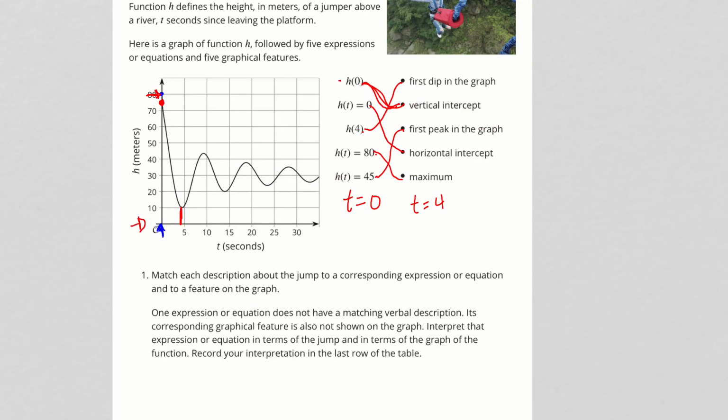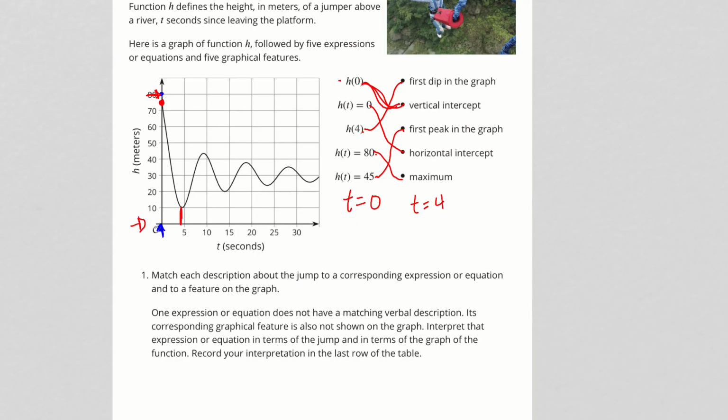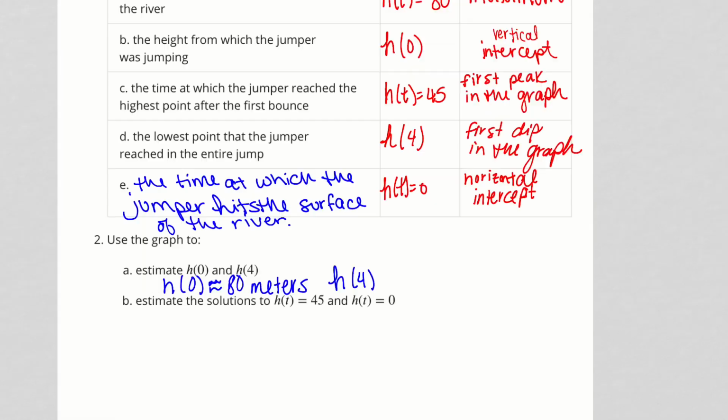We are in meters. Okay, now we're going to look at h of 4. And so h of 4 is going to be probably that one, right? 4 seconds is about 10. About 10 meters.